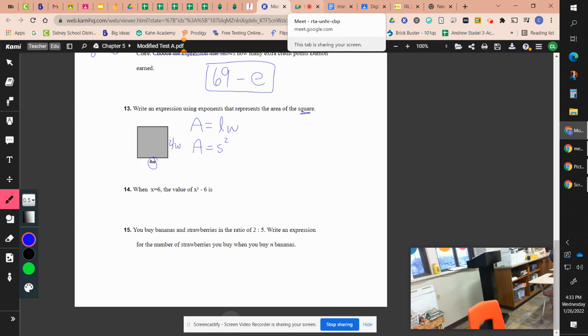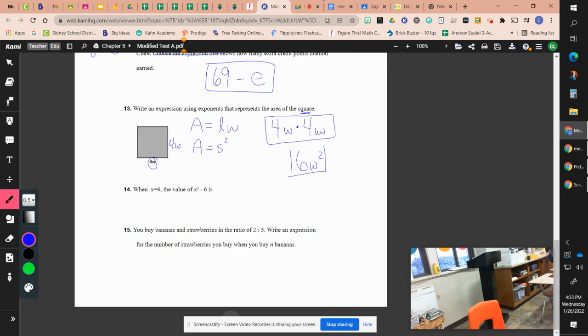With a square, all the side lengths are the same. So if I have 4w times 4w, what do I really have? You could answer it like this, because this is an expression that tells me how to solve that problem. Or you could write 16w squared, and that's an even better answer. Both of these answers, I'm going to count correct.